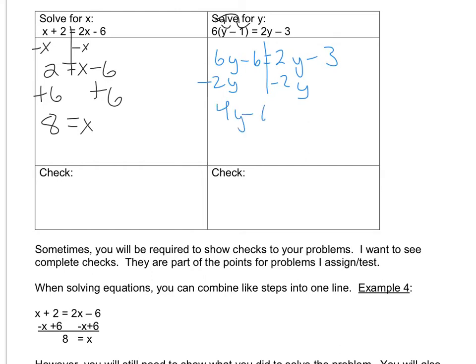You get 4y minus 6 equals negative 3. Now you got to add the 6 over. You get 4y equals 3. Divide by 4. y equals 3/4. Okay?